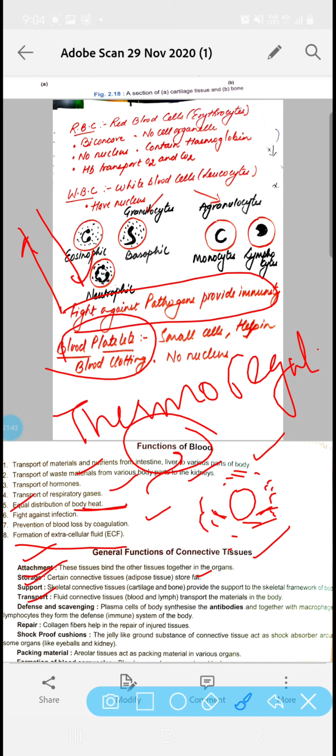Transport, the fluid connective tissue as blood, we have discussed that it helps in the transport of materials. Defense, again we will take the example of blood. They provide defense and protection to our body. Repair, now the collagen fibers help in the repair of injured tissue.